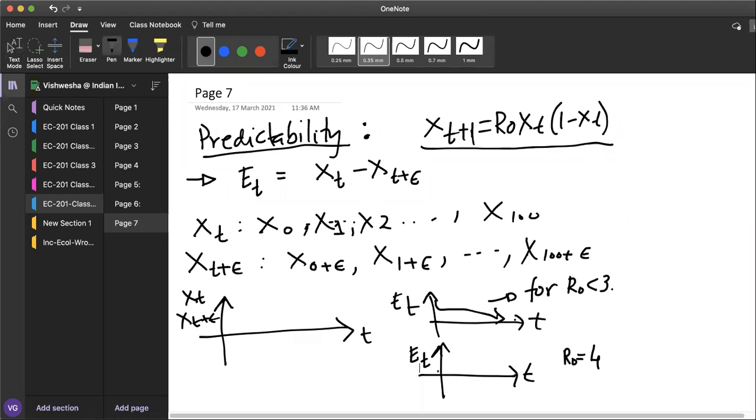For these values of r, for r equal to 4, some small deviation in initial conditions could lead to very different outcomes. Okay, now what does that mean?